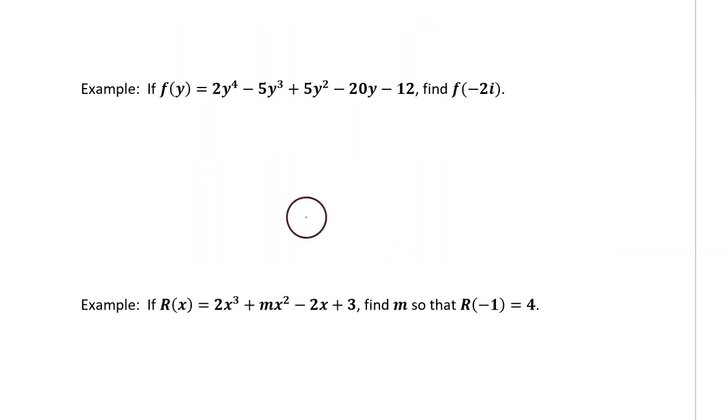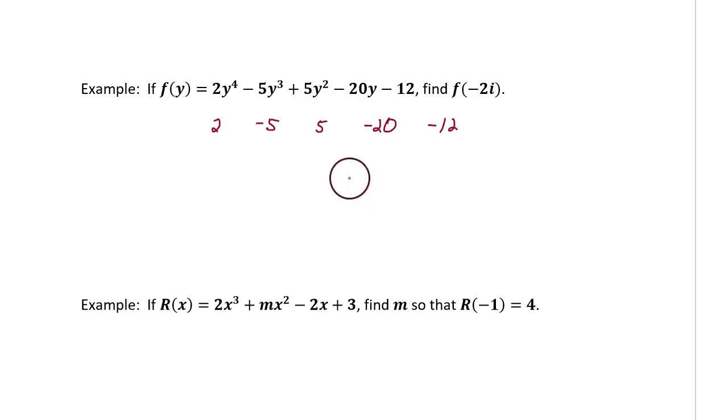Here's another example. We have function f, and it's given right here. And we want to figure out what is f of negative 2i. Now instead of putting negative 2i in place of y every time, let's try the synthetic substitution. Write down the coefficients. 2, negative 5, 5, negative 20, and negative 12.